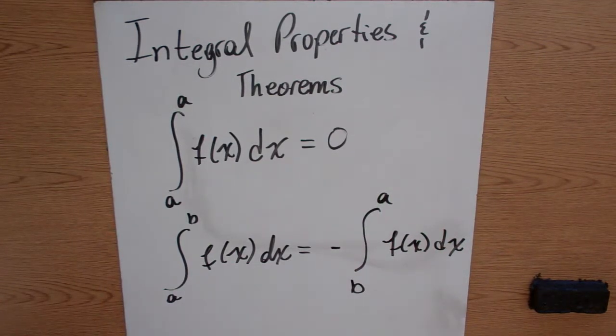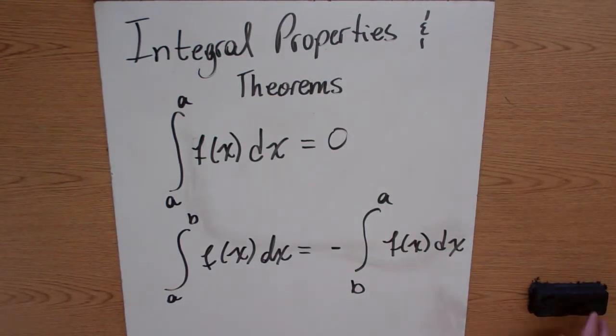So you're going over the same interval, but now you're going backwards. So instead of going from, say, 1 to 3, now you're going from 3 to 1. So it's going to give you the same absolute value, but it's going to be negative. So if this gave you a negative number, this would give you a positive. If this gave you a positive number, this would give you a negative number.